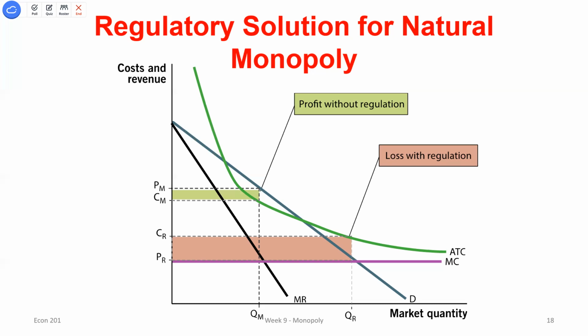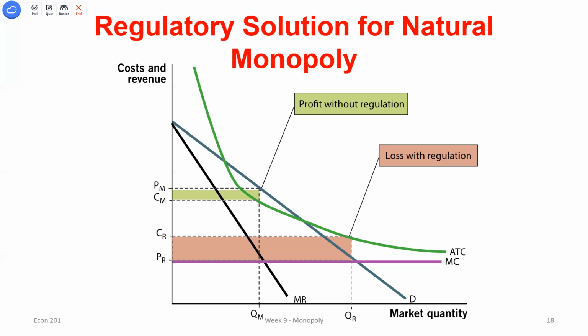If we were to continue to draw this out, eventually average total cost would hit my marginal cost curve and then begin to increase, but in this situation, we're not going to make it out that far for a natural monopolist. The natural monopolist will be somewhere on that decreasing portion of the average total cost curve. You don't necessarily need to know that, but for the sake of this example, we'll just assume it, right? So we're dealing with this decreasing portion of the average total cost curve.